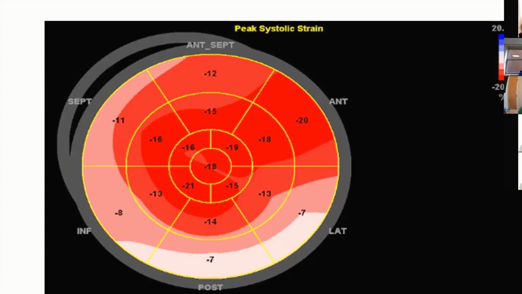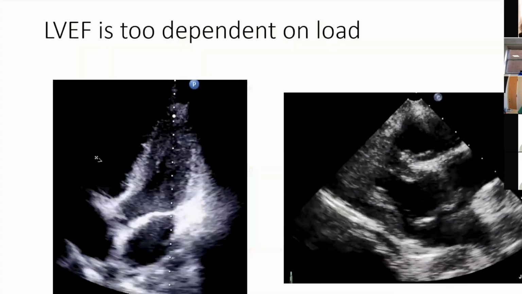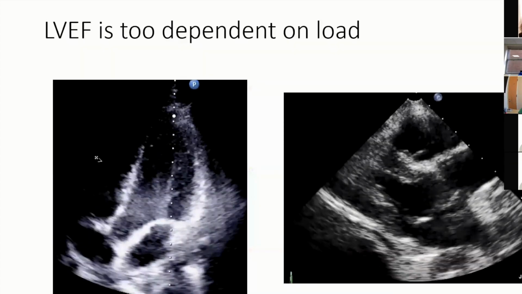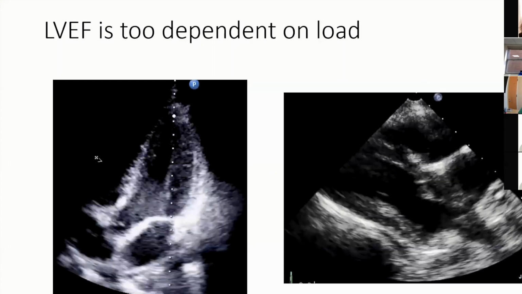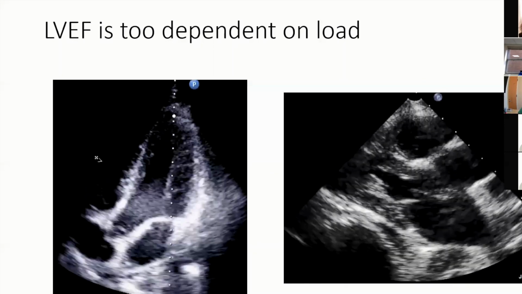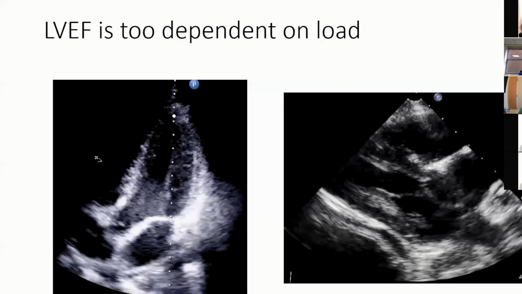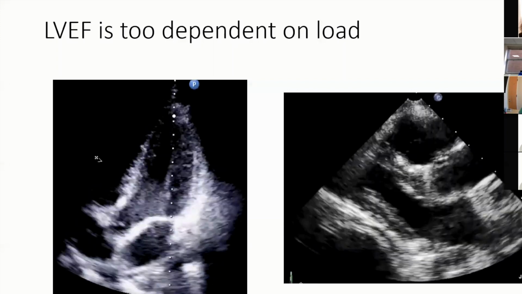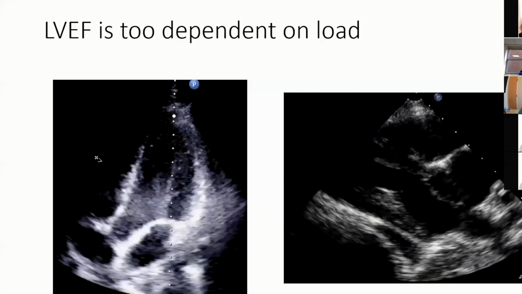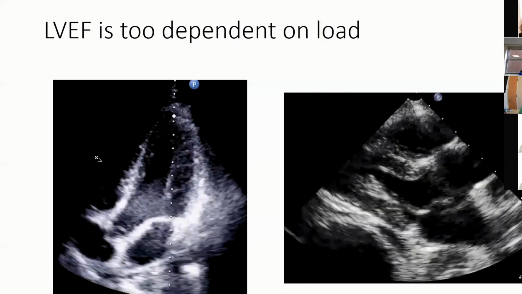So I want you to take a look again at that same echo, and take an appreciation here. We can see this thing's contracting pretty vigorously, but if you were to draw that green line over the heart, you could see there's actually not a whole lot of contraction in the apical posterior, the longitudinal dimension.